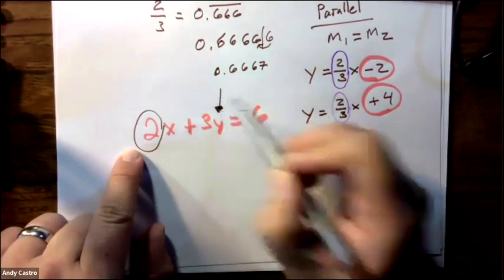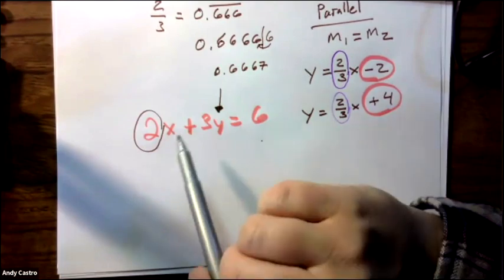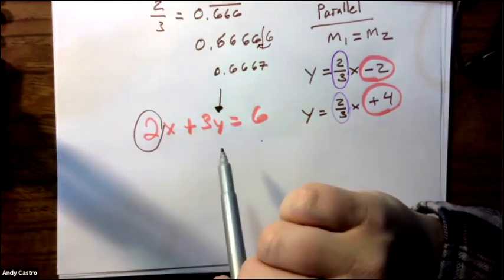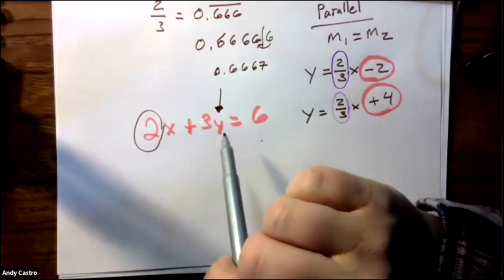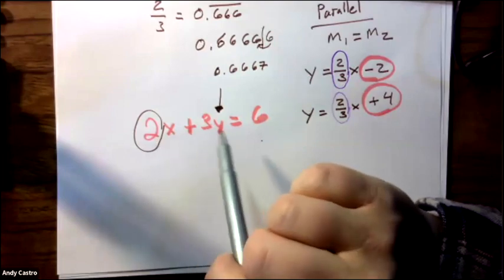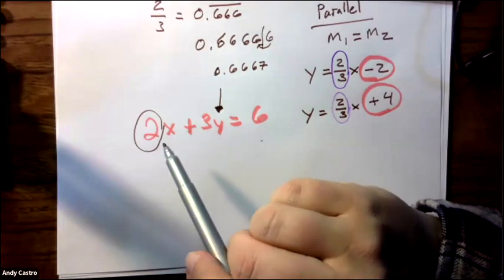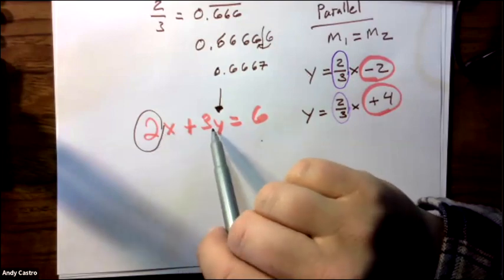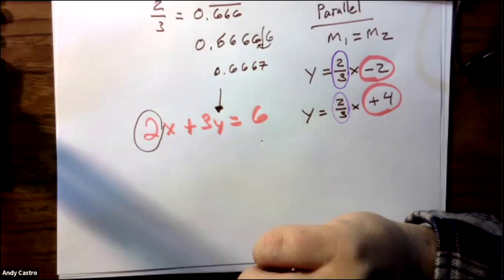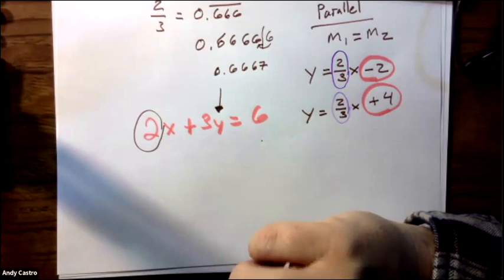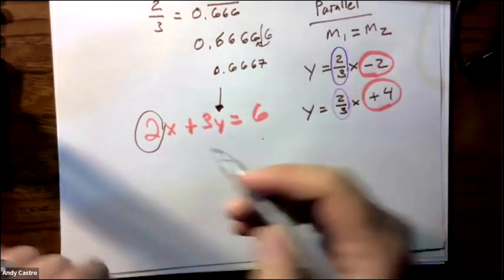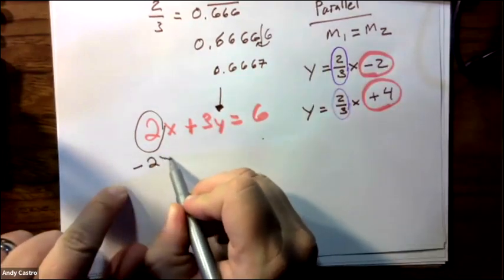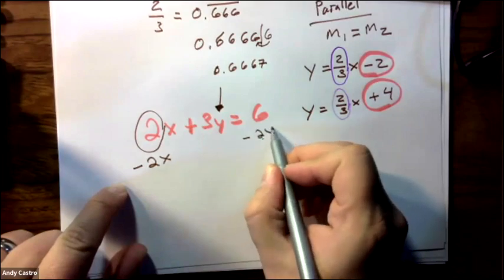So just like before, when we were solving for x, now we have to solve for y. Okay, but we have two different variables. So I can't combine the 2x and the 3y because they are not like terms. But I do want to get the 3y by itself. So what I'm going to do is subtract the 2x from both sides.